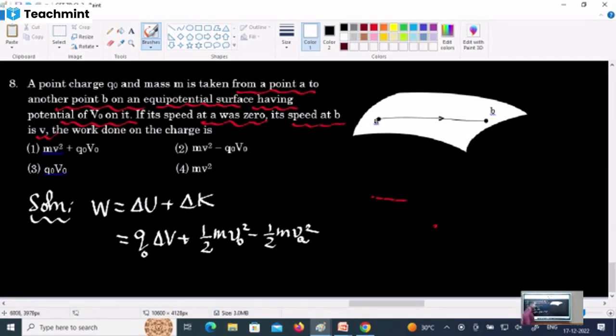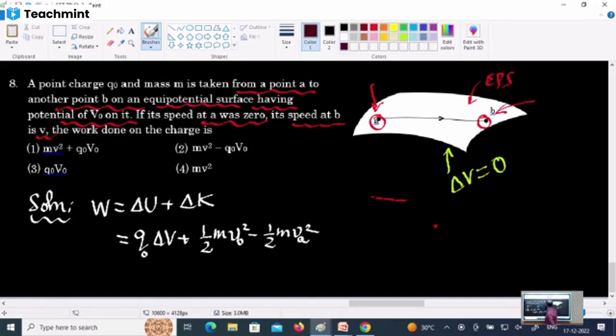Now, this is very important. When you take the charge from A to B on a given equipotential surface, potential at A is exactly equal to potential at B, and therefore the potential difference delta V between A and B is 0.